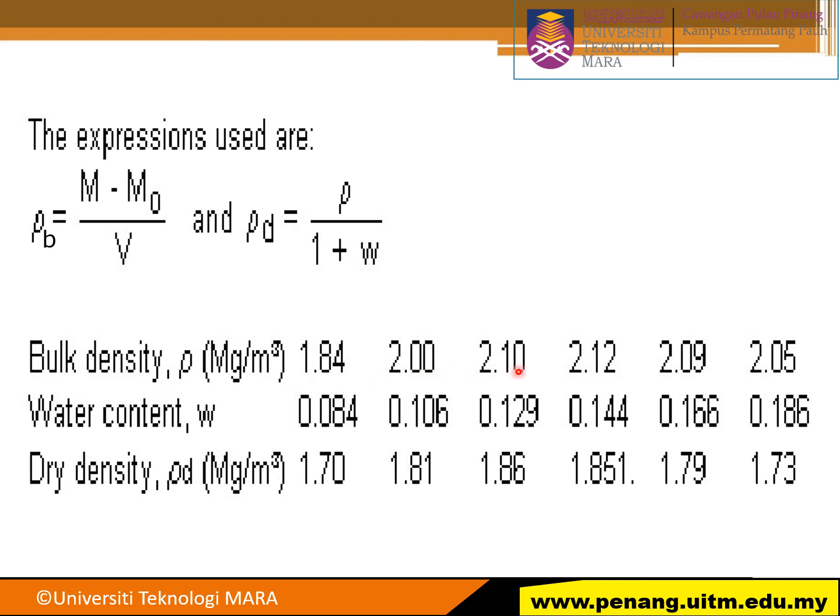This is the value. Then you have to determine the water content. And then dry density: dry density is equal to rho bulk over 1 plus W, where W is the water content. Why we determine the dry density is because we are going to use the dry density versus water content.